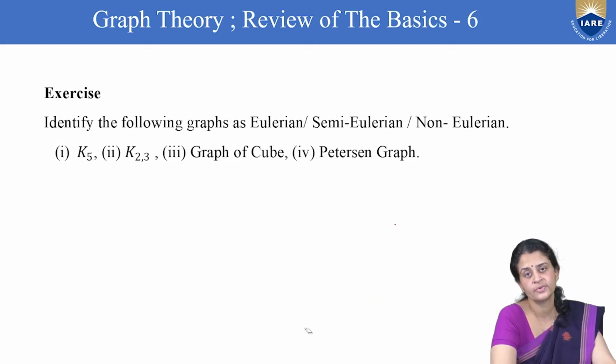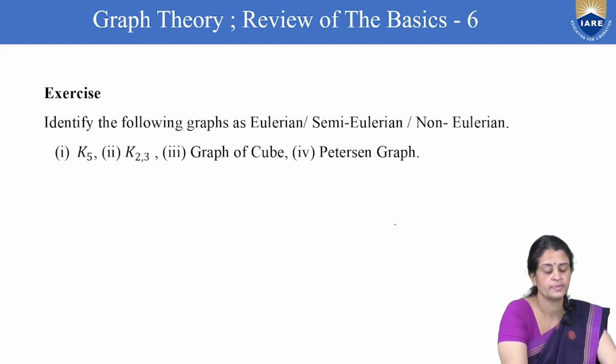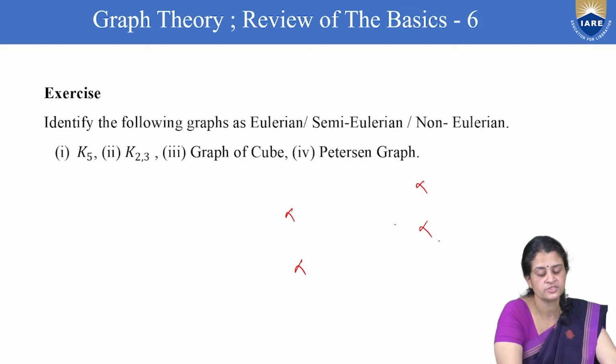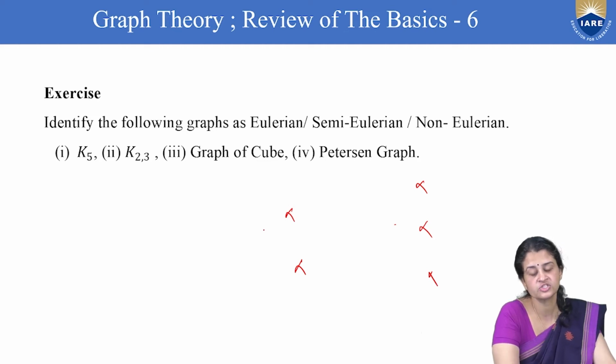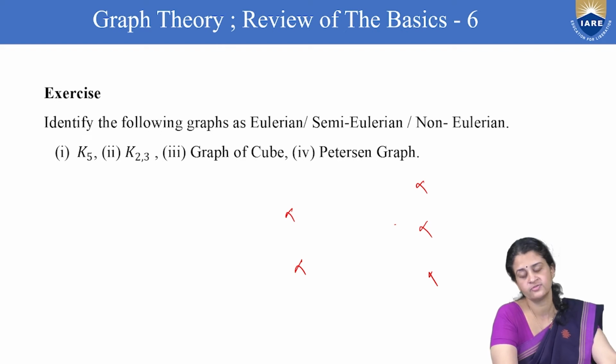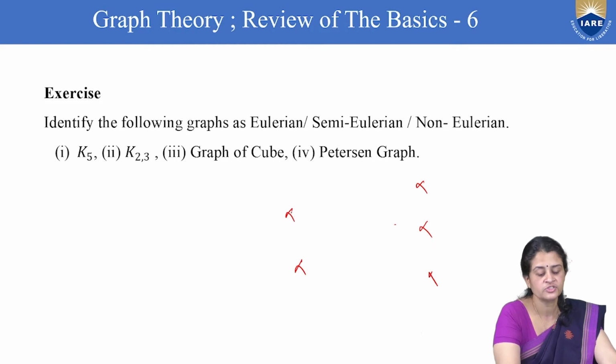What is K2,3? It's a complete bipartite graph with 2 vertices in one partition and 3 vertices in the other partition. Every vertex in one partition is adjacent to every vertex in the other partition. If such happens, then we call it complete. Here, we start from here.